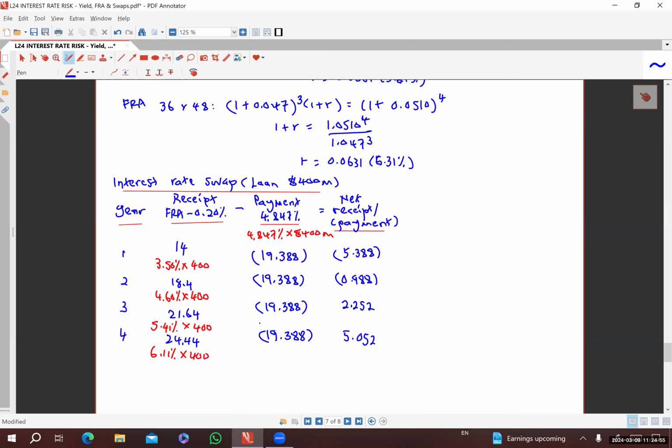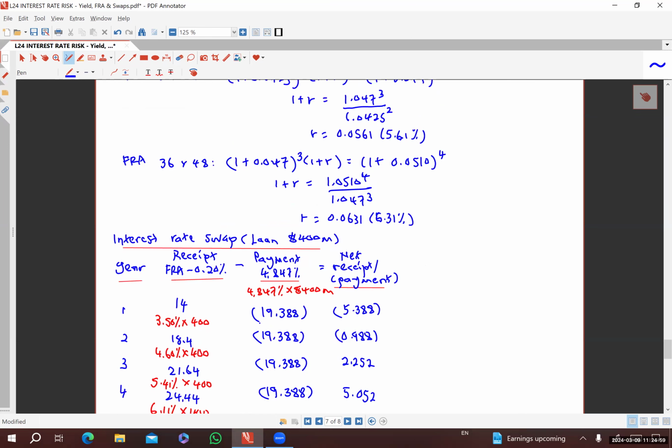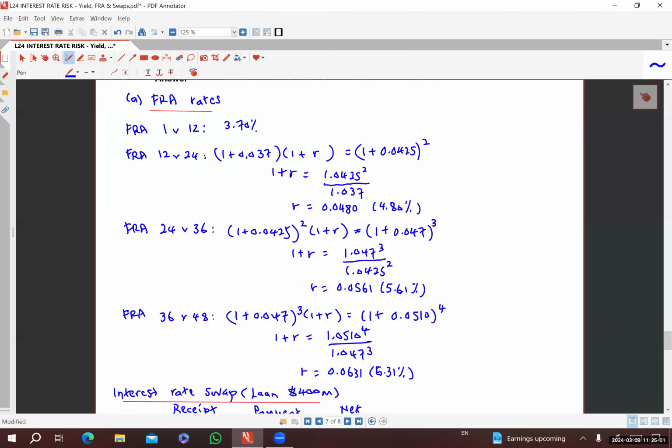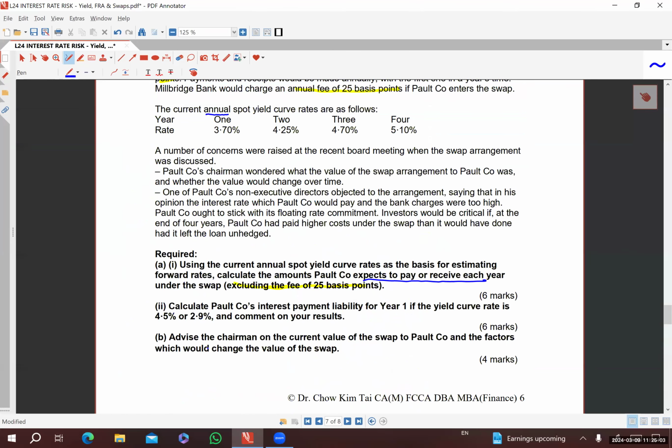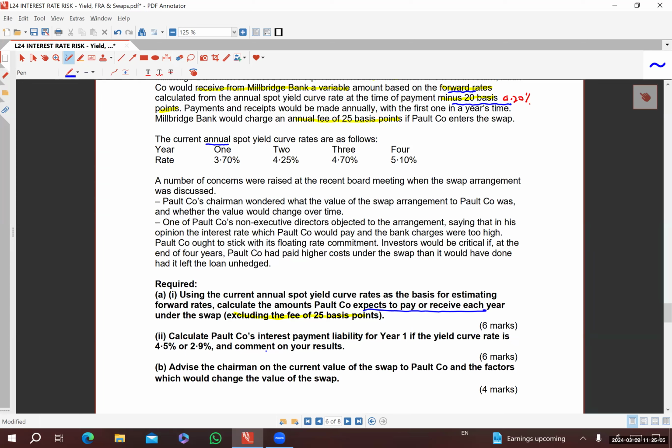Number two. Calculate the board's interest liability for year one if the yield curve rate is 4.5% or 2.9%, and comment on your results.